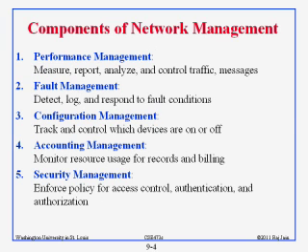So ISO, which is the International Standards Organization, classifies 5 types of management: performance management, fault management, configuration management, accounting management, and security management. Performance is just measuring the load and finding out how much is being wasted and used. Fault is trying to find out who is working, who is sick.